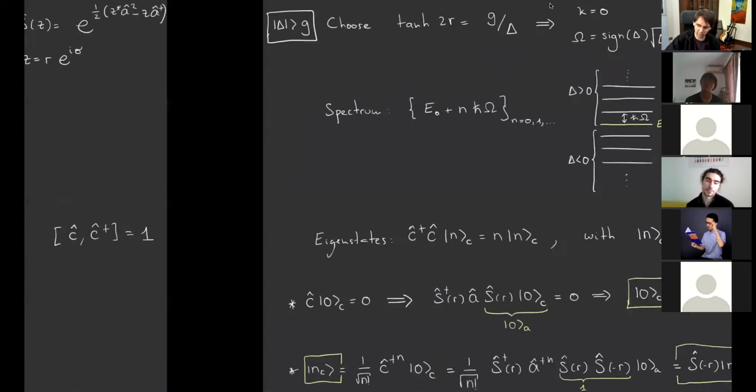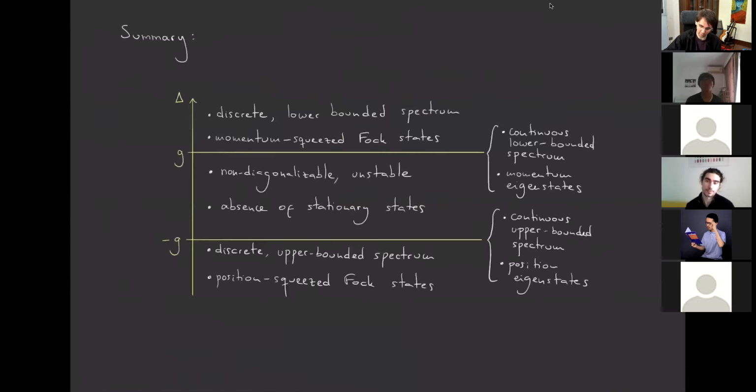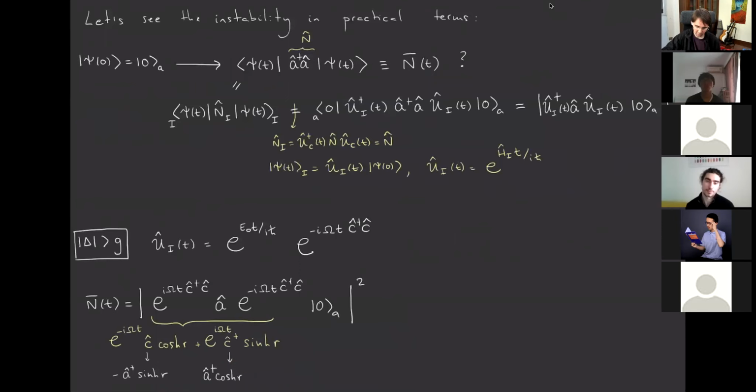Let me show you once again, just so I'm sure you are not lost. C is equal to minus A dagger hyperbolic sine. Therefore, C dagger will be equal to A dagger cosine. This is exactly what I am writing here. And therefore, the final expression will be this one in here.